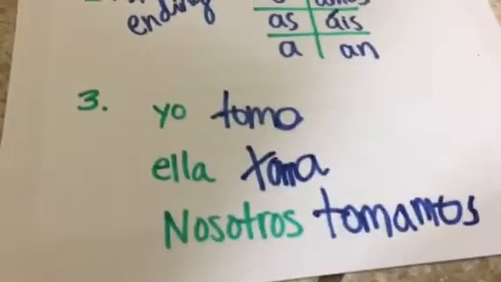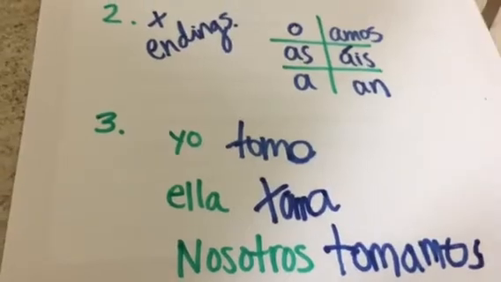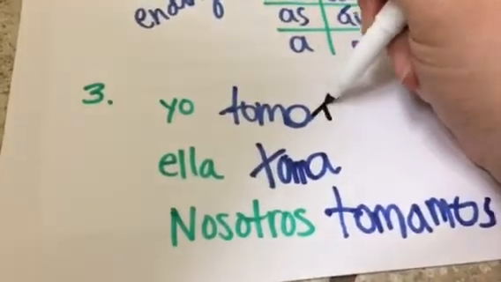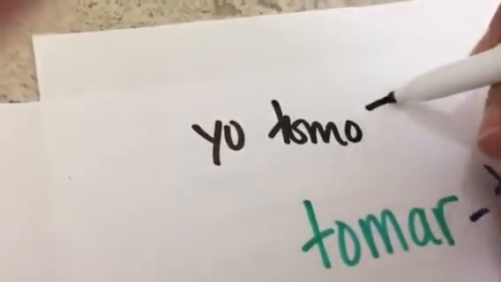Okay, so there is tomamos. The last thing I need to tell you is what these mean. So let's just look at yo tomo. Yo tomo means 3 things. It means I take.